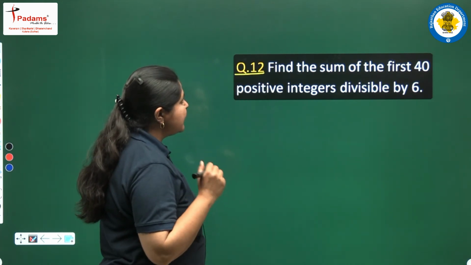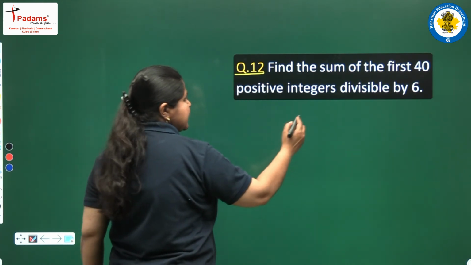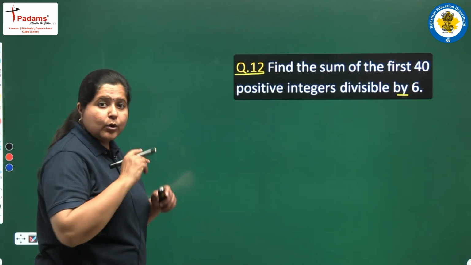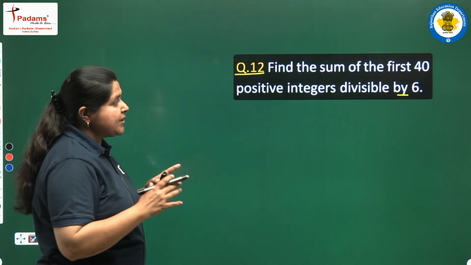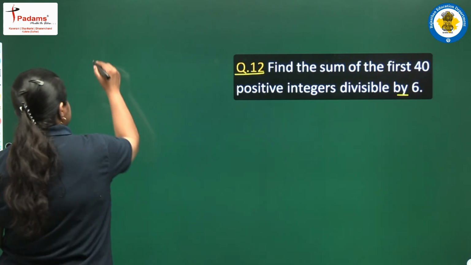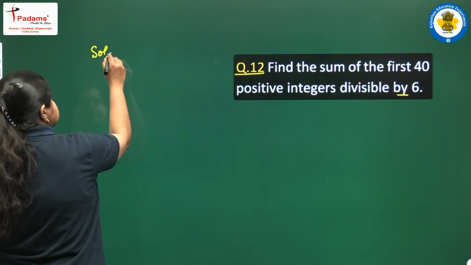Find the sum of the first 40 positive integers divisible by 6. So first of all, let us write all these 40 positive integers which are divisible by 6. We write the list of these numbers. We begin the solution.